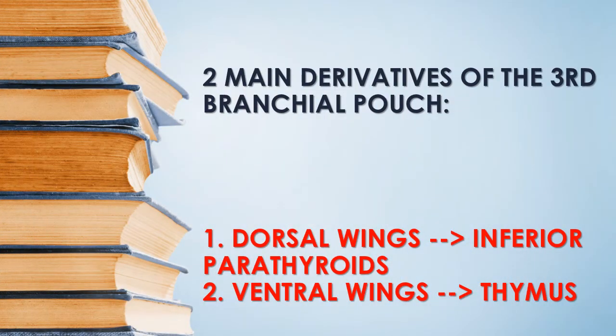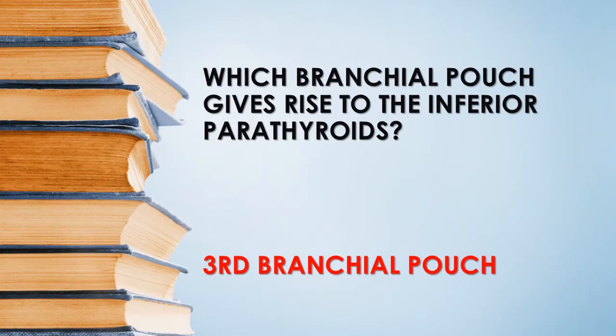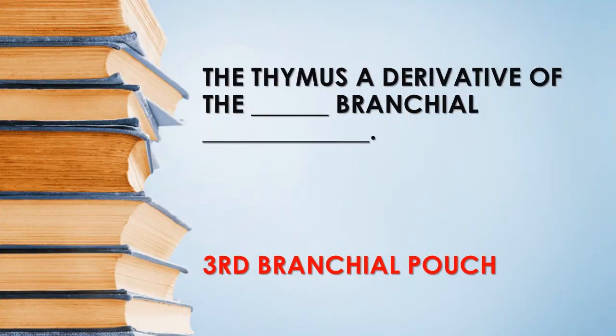Two main derivatives of the third bronchial pouch. 1. Dorsal wings to inferior parathyroids. 2. Ventral wings to thymus. Which bronchial pouch gives rise to the inferior parathyroids? Third bronchial pouch. The thymus is a derivative of the third bronchial pouch.